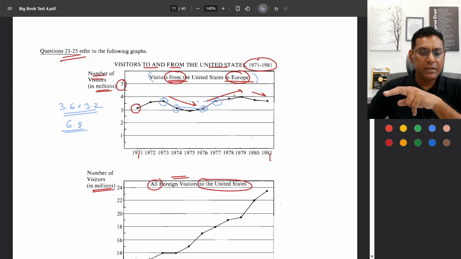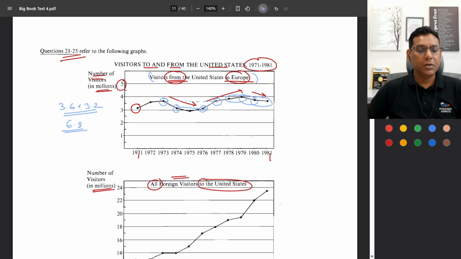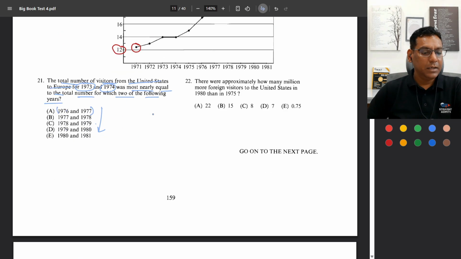And then here, any of these two pairs are going to be much bigger because, as you can see, they are all greater than this main figure, right? If I take this as a reference, I need something like 3.2 here. None of these figures are like 3.2. So the closest answer is 76 and 77.